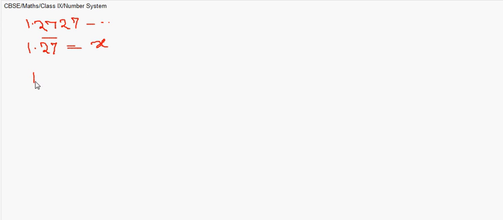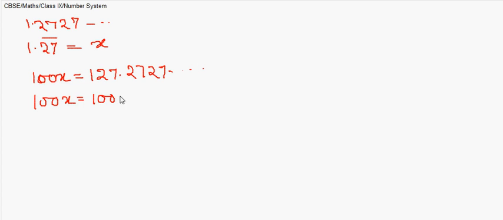So we take this as x, and will be multiplying 100 to both the sides. So my number becomes 100x is equal to 127.272727, and it continues. Oh, I made a mistake.